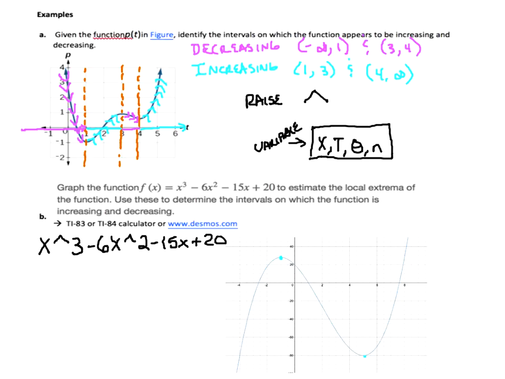What that's going to do is zoom however it needs to fit the important parts of your graph on your screen. And then once you arrow down to zoom fit, hit enter. And it should take you back to the graph.